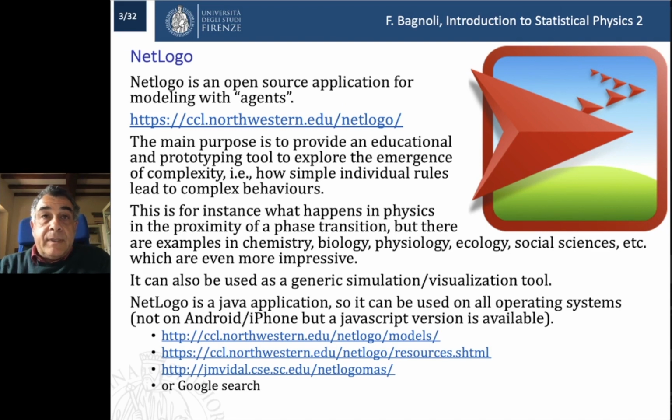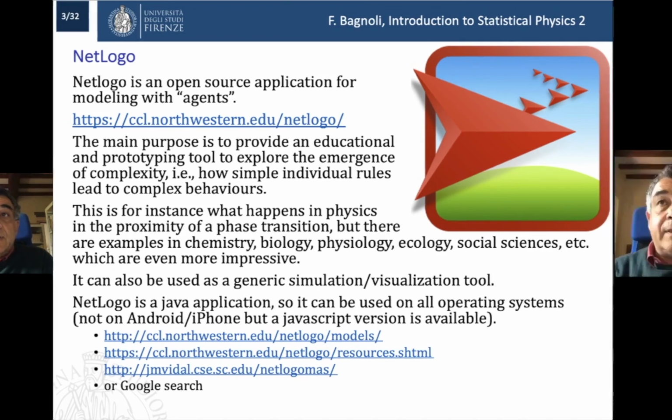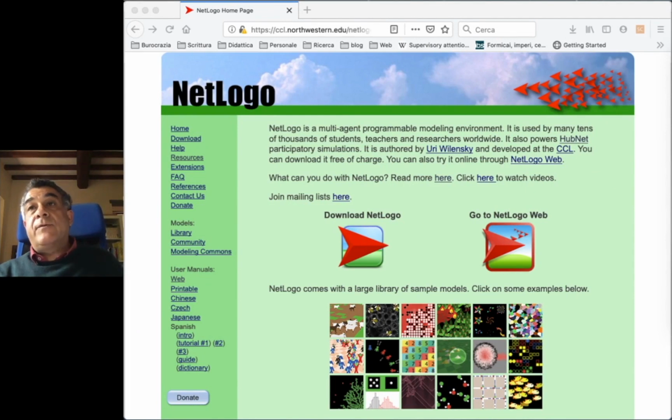The program is open source and one can download it from the web, just looking for NetLogo from Northwestern University. There is a more developed version, developed in Scala, essentially in Java, that works on computers, laptops, fixed PCs, and so on, not on Android or iPhone devices, but there is also a version that is being actively developed on the web.